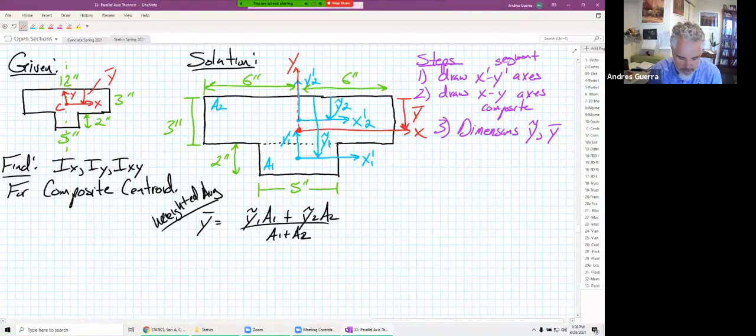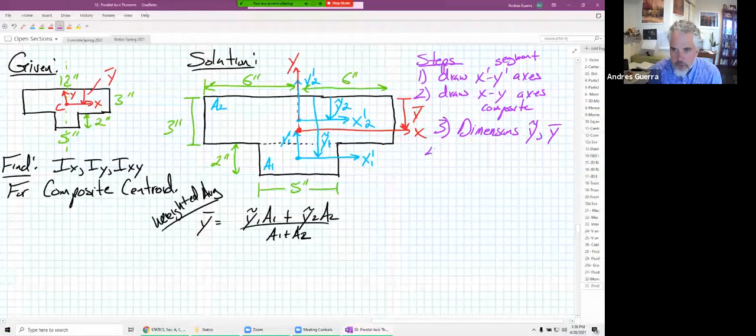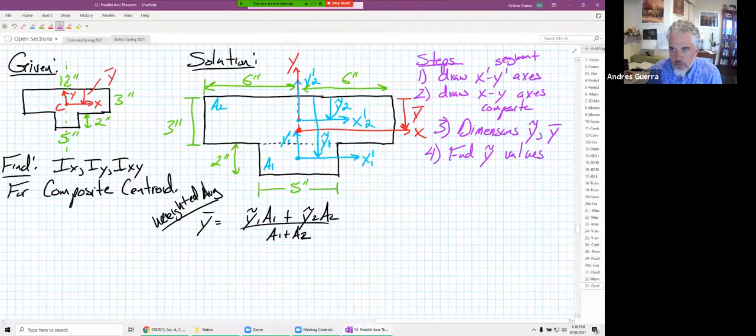And then step 4 here, we need to find the y tilde values. And I guess the areas, A1 and A2, as well.